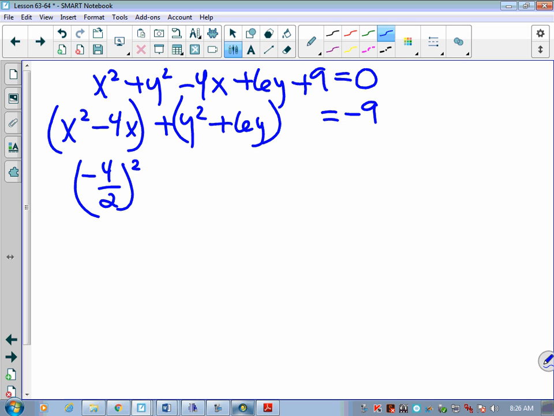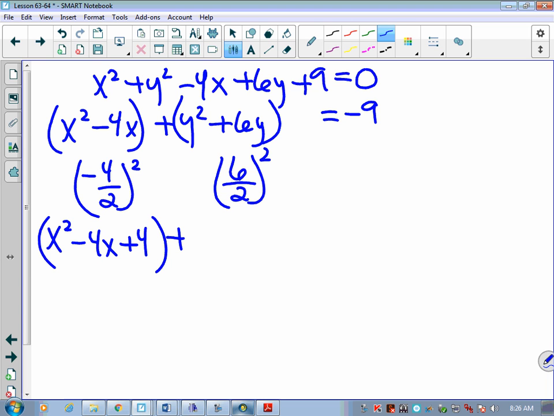I'm going to take this 6 divided by 2 and square it there. So this is x squared minus 4x. What's negative 4 divided by 2? Negative 2. Negative 2 times negative 2, positive 4. So I've got this, right? We're going to take this negative 9, and we're also going to add 4 over here.